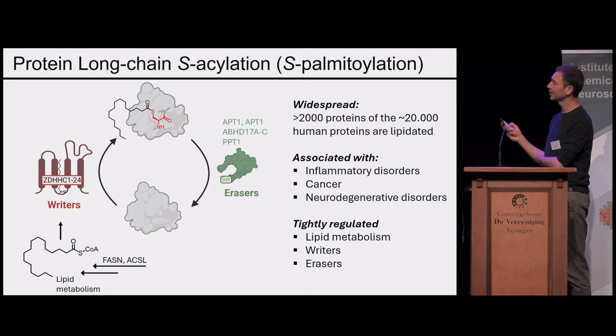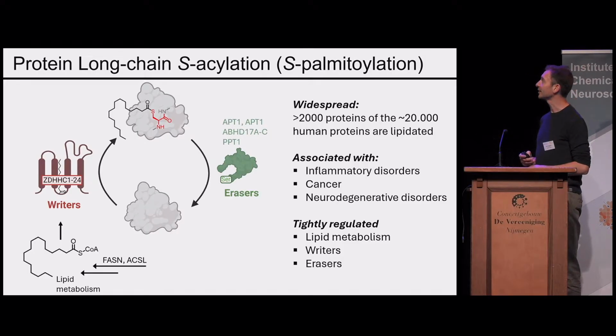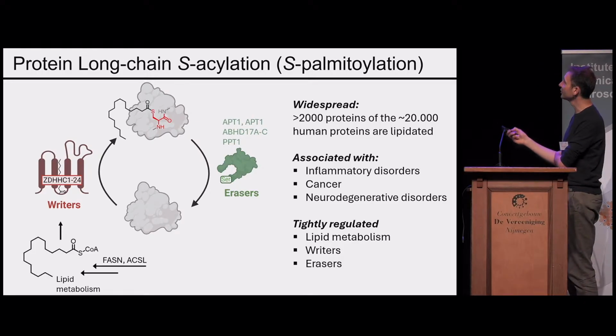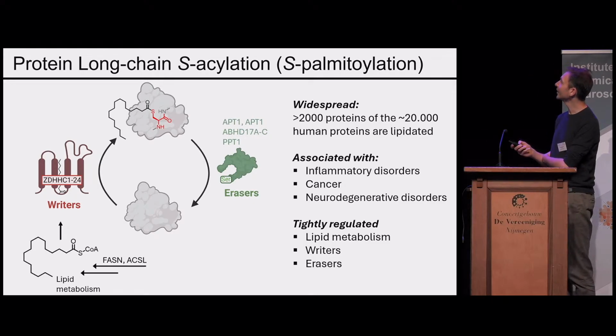So you have this really dynamic cycle that can react to extracellular cues, for example. An additional advantage is that this tight regulation allows us to modulate it by inhibiting these writers or erasers of palmitate, and thereby we have an anchor to drug the system.